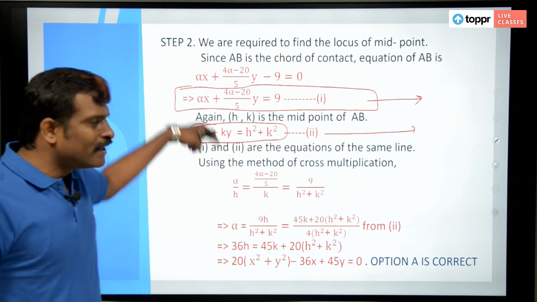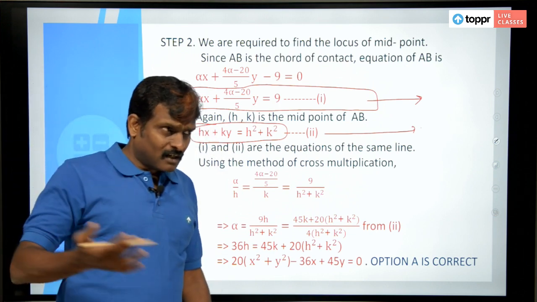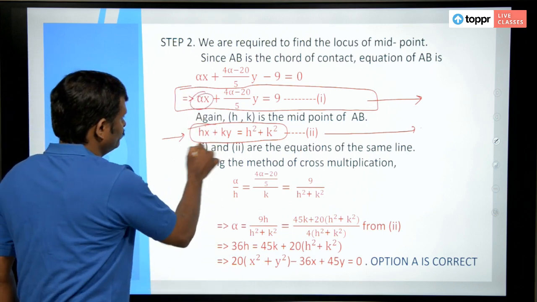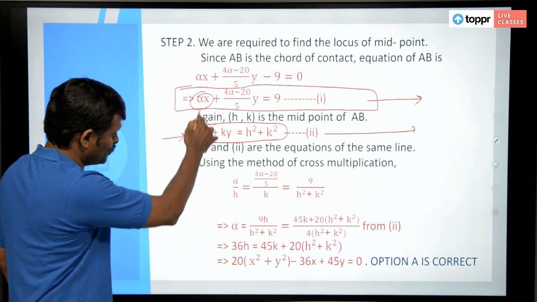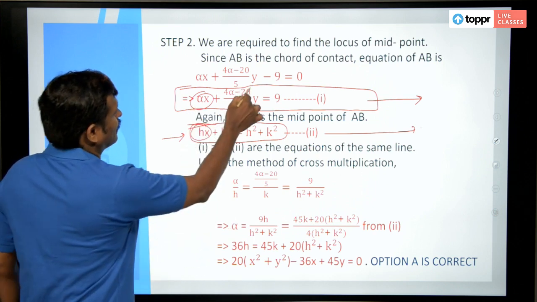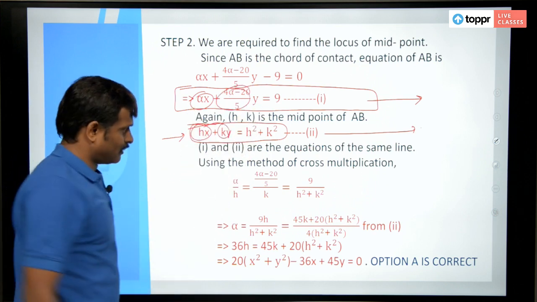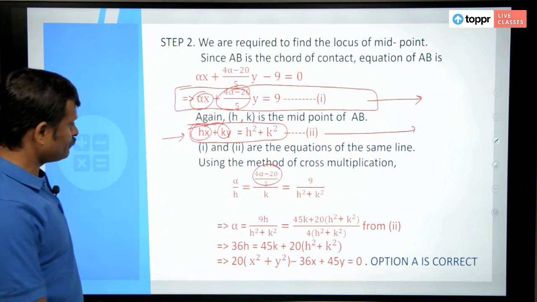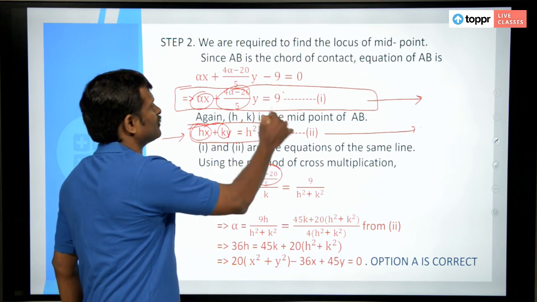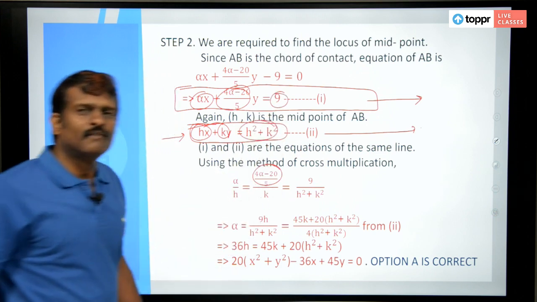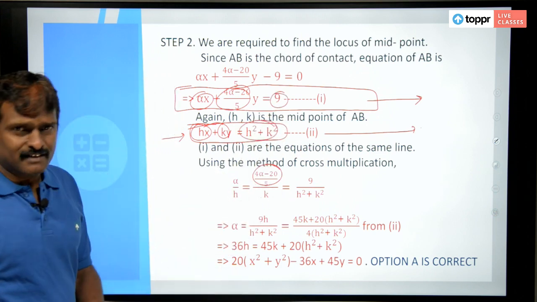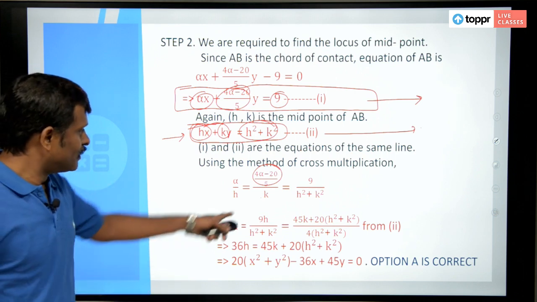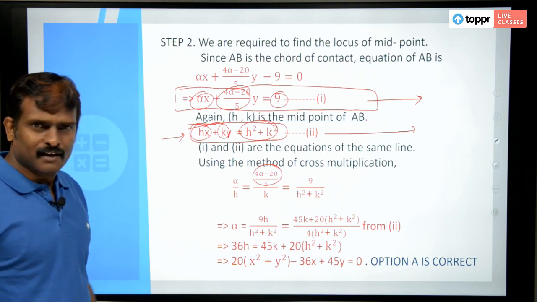Since these two are coinciding lines, we know that the ratio of the coefficients is always equal, means the x coefficients ratio is alpha by h, and the y coefficients ratio is (4 alpha minus 20) by 5 by k, is equal to the ratio of the constants. When two lines are coincident, we know that a1 by a2 is equal to b1 by b2 is equal to c1 by c2. That is what we have taken here, right.